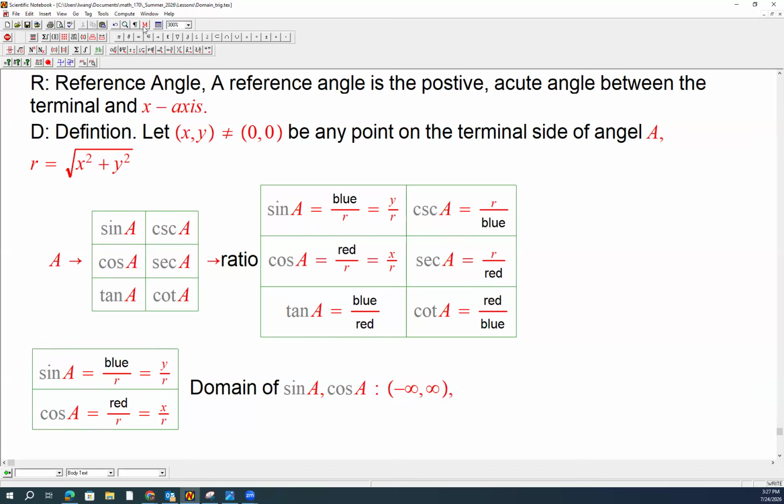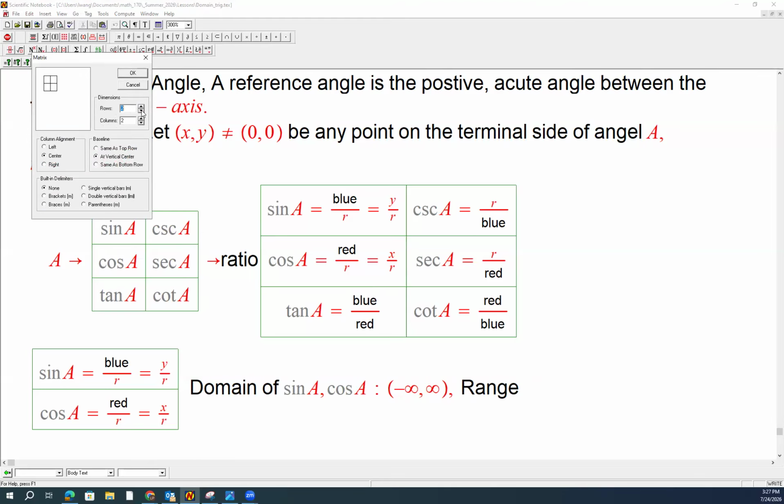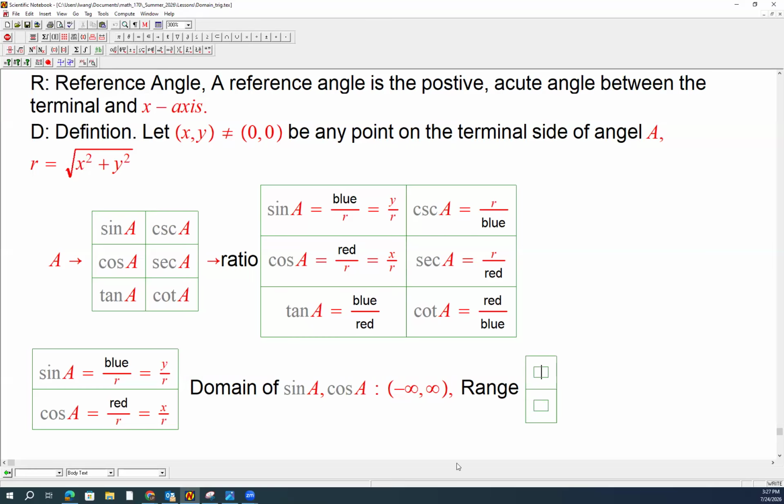Let me put a range here, with just a little table. Sine is between -1 and +1: -1 is less than or equal to sine of A, which is less than or equal to +1, and cosine has the same range. This is very important and very useful as you move forward.